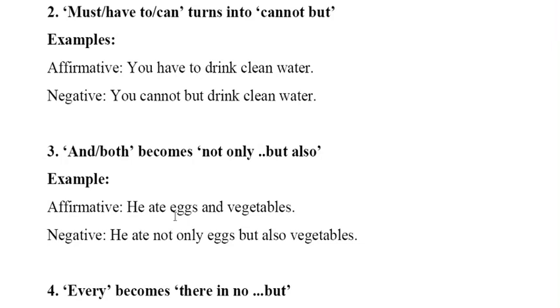So for things like must, have to, can, we'll take cannot but. In the same way, if we find cannot but in a negative sentence, to change it to affirmative we'll take must, have to. So you have to drink clean water, you cannot but drink clean water.